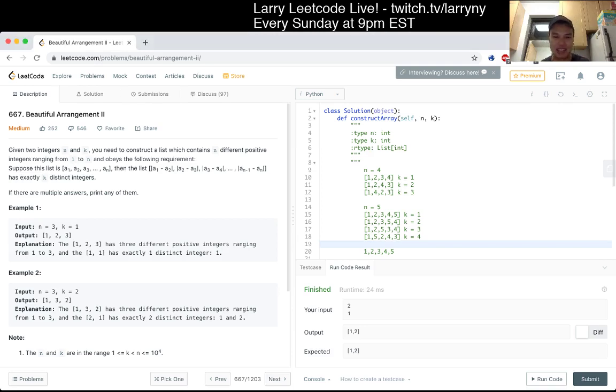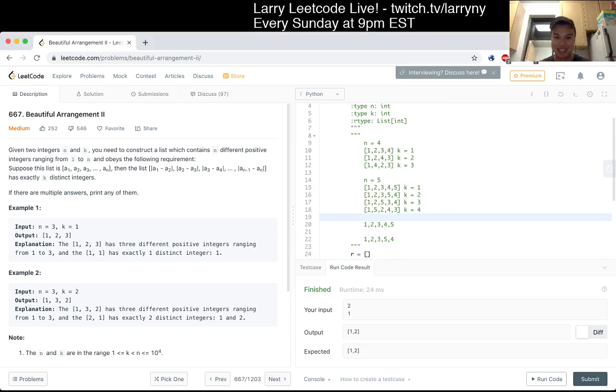But I think the intuition, now after solving this problem, is the way I would describe it: you have a number in the end, k, and you can move this in a number of places, right? You can move this anywhere, basically any number except for the number that's right before it.